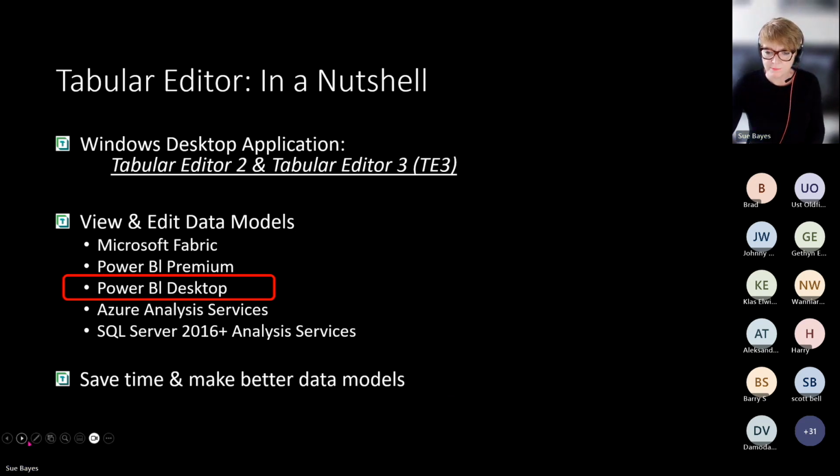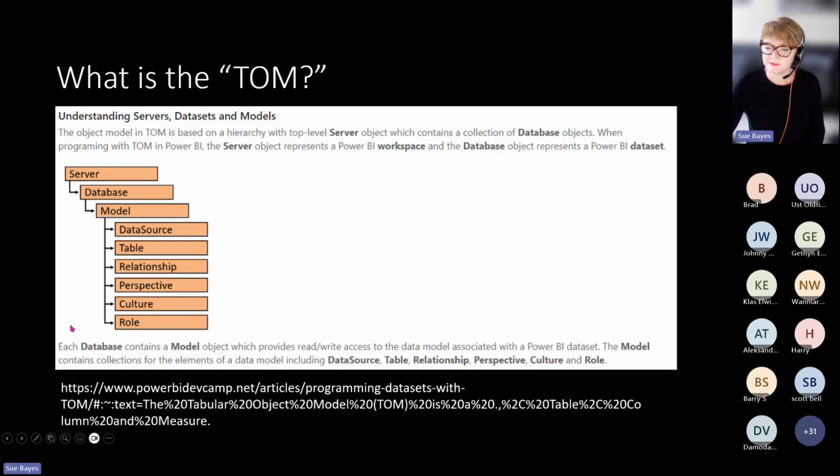So just very quickly, I'm going to show you what a TOM is, what the TOM model is, and refer to it. Basically, when you have your data within Power BI, it's surrounded by what I think of as a wrapper, and that wrapper gives you information on where your data source is, what the tables are, what the relationships are, and lots of information about how the data within your Power BI data set is stored and formatted and everything that makes it the way that it is.